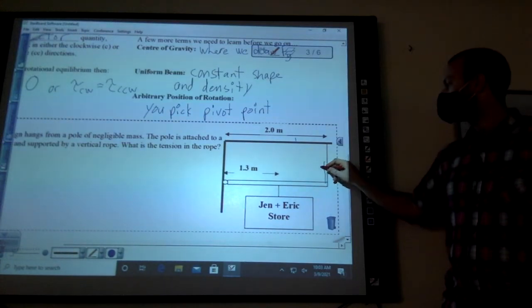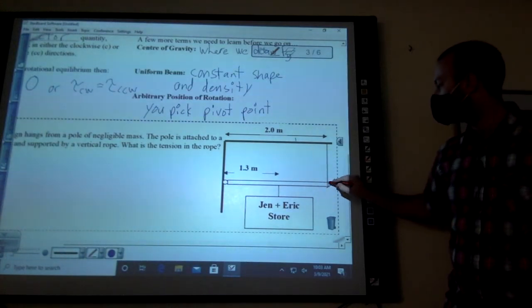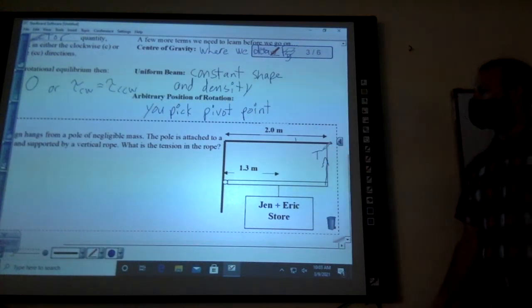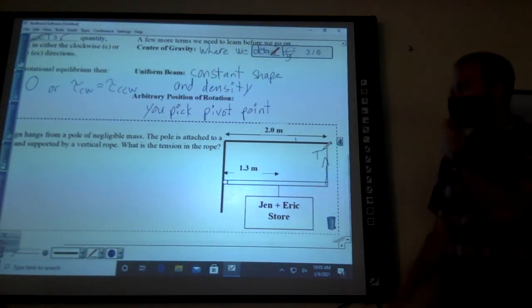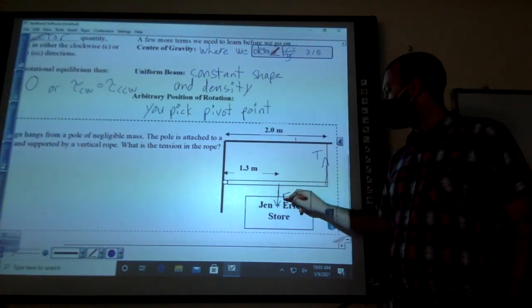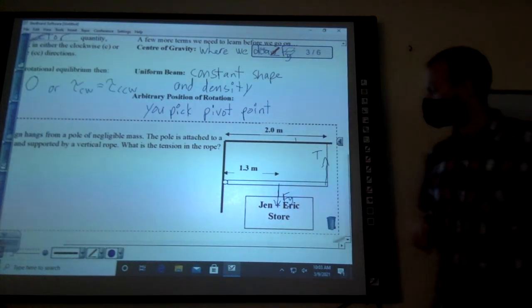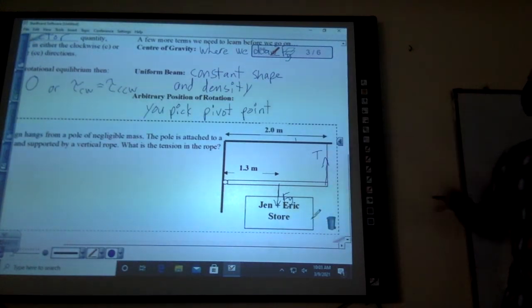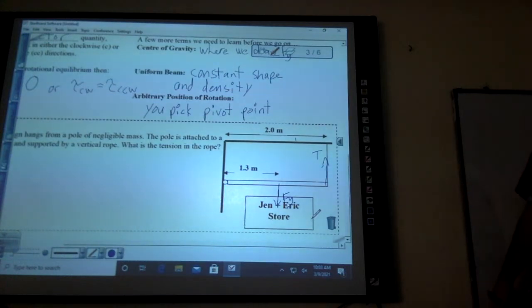We've got tension acting on the end here. I've got a force of gravity due to the sign. We're told the beam does not have a mass, so we're not going to put an Fg. And that's it, I think.